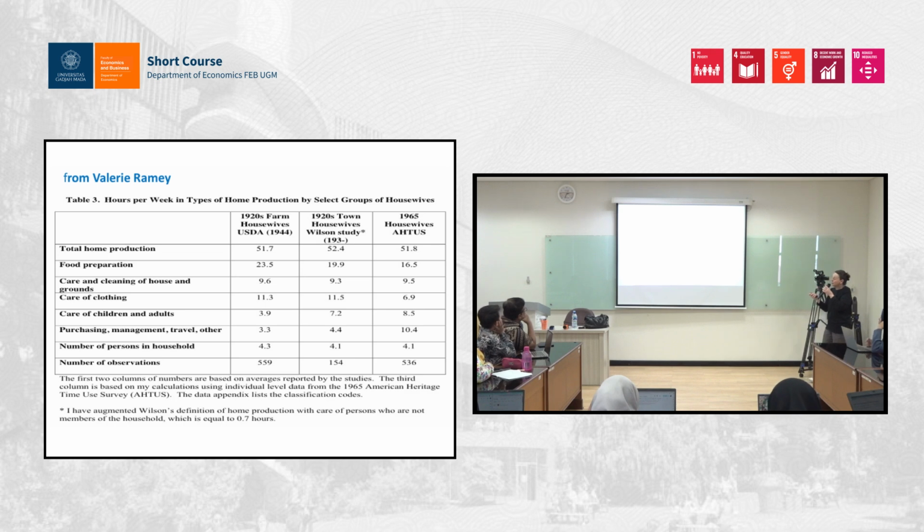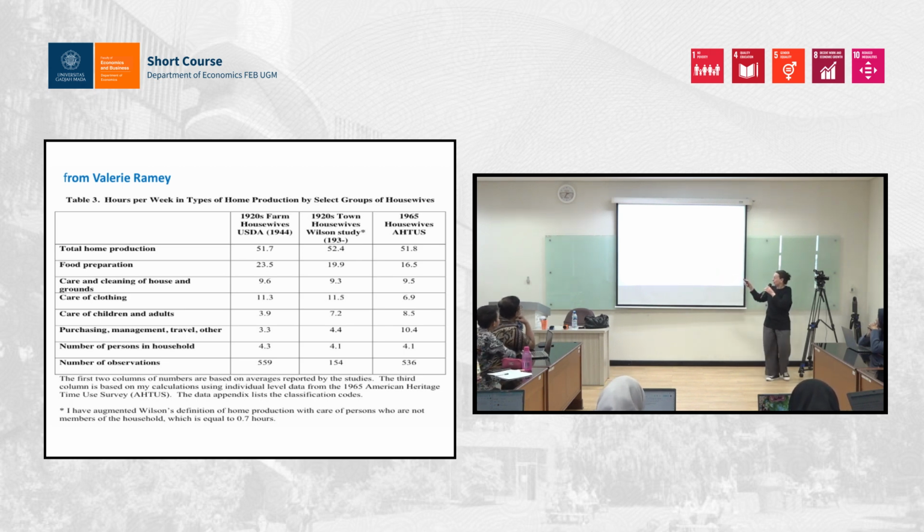Then a lot of the time was spent on food production and care, cleaning the house, and then care of the clothing, so washing of clothes. The caring of the children and adults did not take so much time relative to the total, 8 hours, 3 hours according to some survey. And then she looks at the number of persons in the household, which was about 4. But you see they are very small data sets.